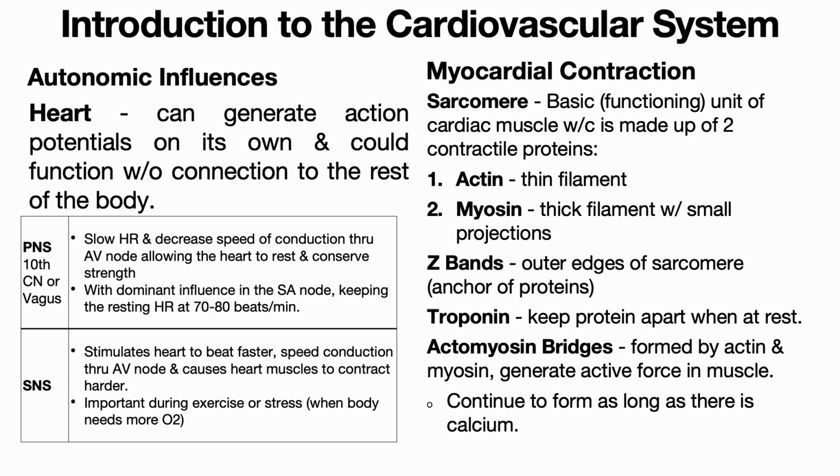The calcium reacts with the troponin and inactivates it, allowing actin and myosin proteins to react with each other, forming actomyosin bridges. These actomyosin bridges, formed by actin and myosin, generate active force in muscle. The actomyosin bridges continue to form as long as there is calcium.